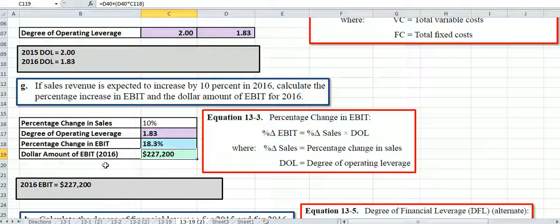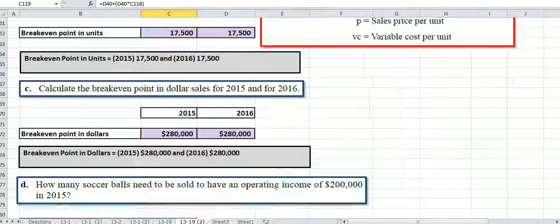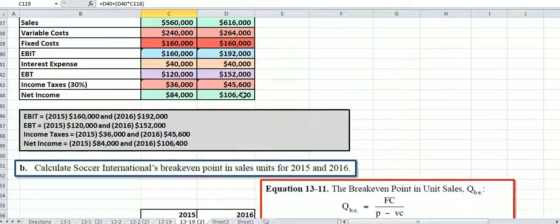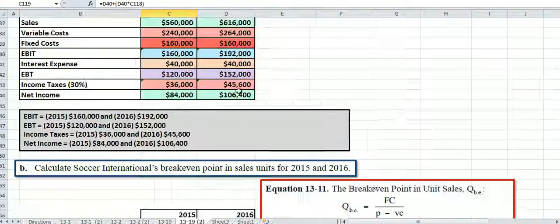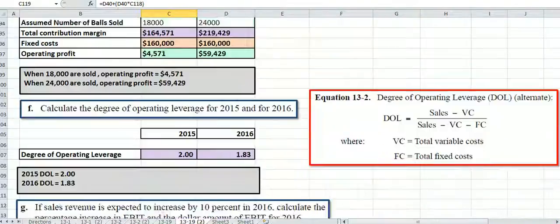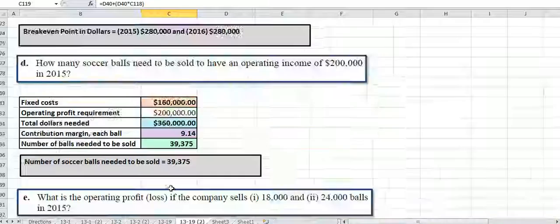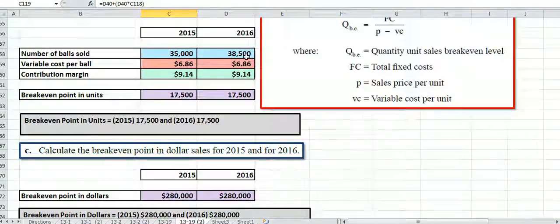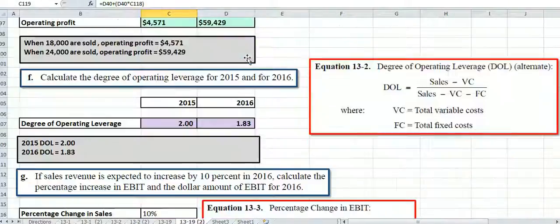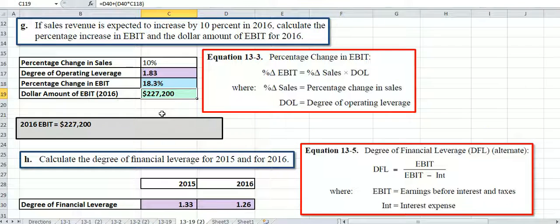If we compare that to what we had before, EBIT, let's go back up here. Yes, sorry, 192,000 in 2016, and if our sales increase by 10%, it would increase up to 227,200. Okay, part H.